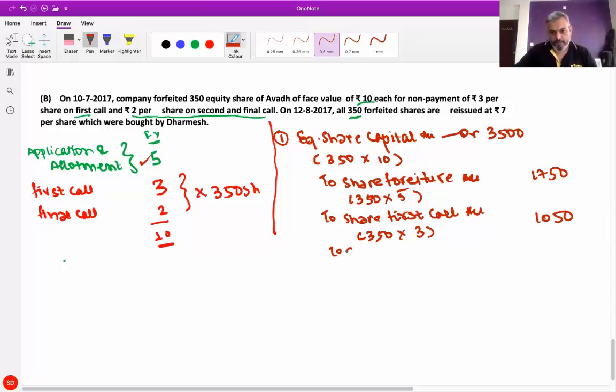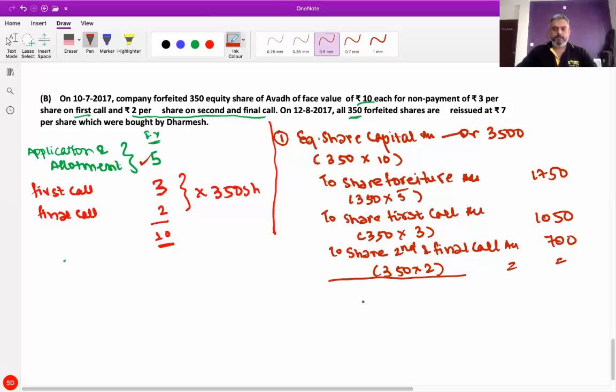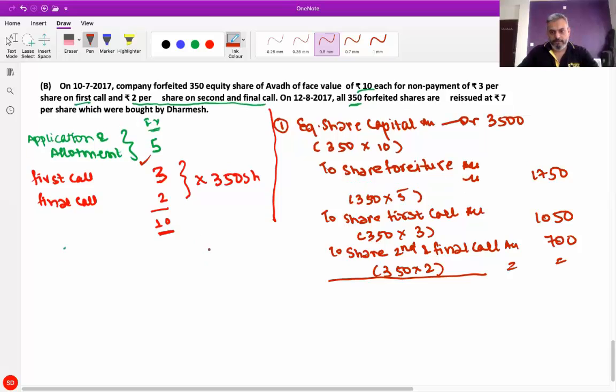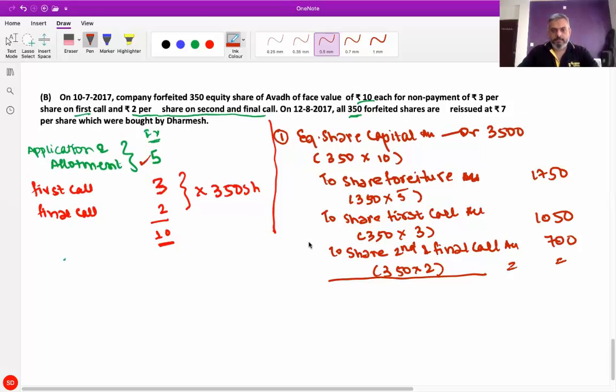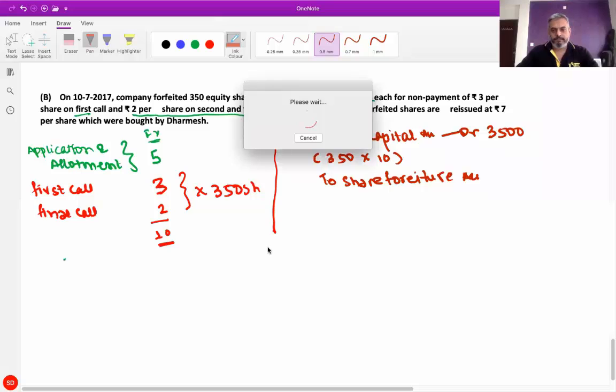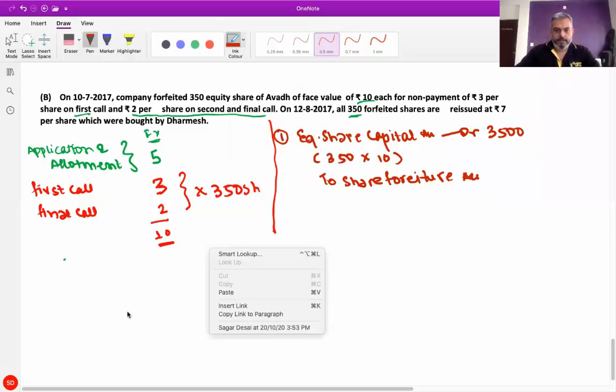And to share second and final call, 350 into 2, 700. Always check debit should be equal to credit. Close.